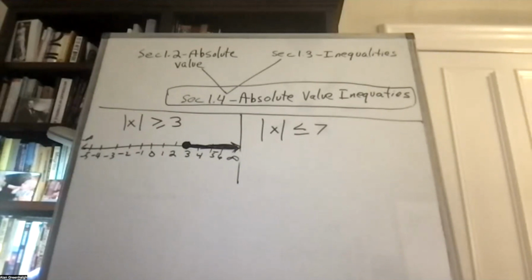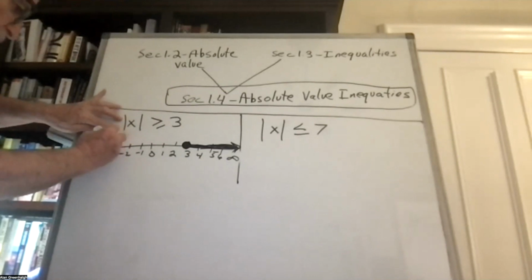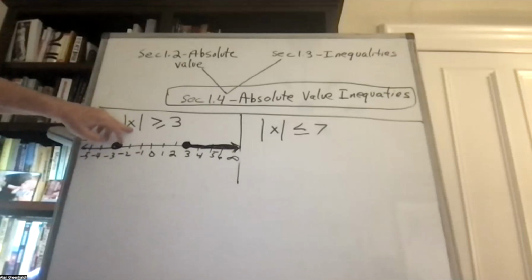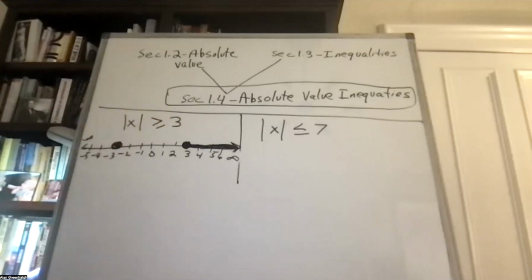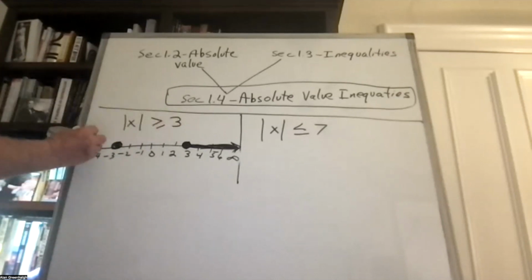But you also have to take into account the fact that since it's absolute value, when we start at -3, the absolute value of -3 is 3. 3 is certainly equal to 3, so that's included. -4, the absolute value of -4 is equal to 4. 4 is greater than or equal to 3.